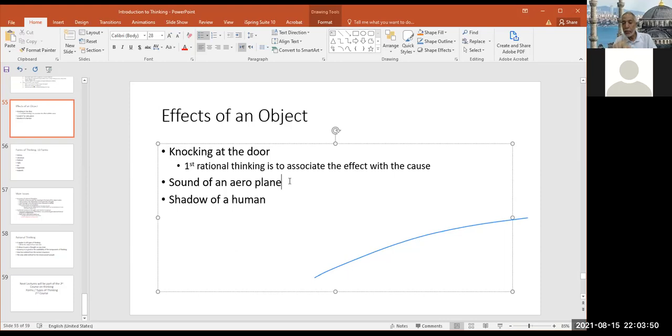So the idea here is, number one, you have to use rational thought to distinguish the sound itself.